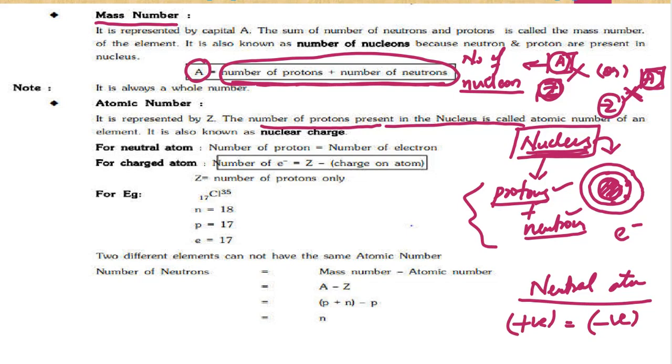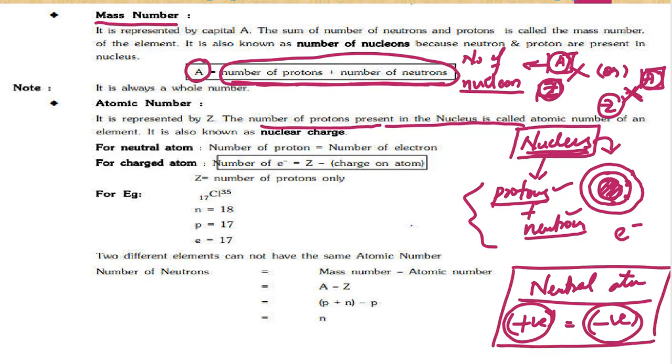Only then can the positive charge cancel out the negative charge and the whole atom becomes neutral. So if there is a neutral atom, the number of protons inside the atom will be equal to the number of electrons inside the atom. For a neutral atom, the number of protons is equal to the number of electrons. For a neutral atom, you can say the atomic number is equal to the number of protons, or also equal to the number of electrons, only for a neutral atom.